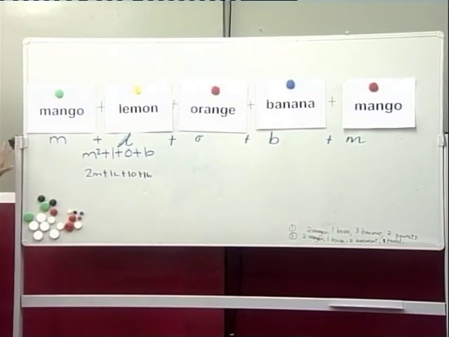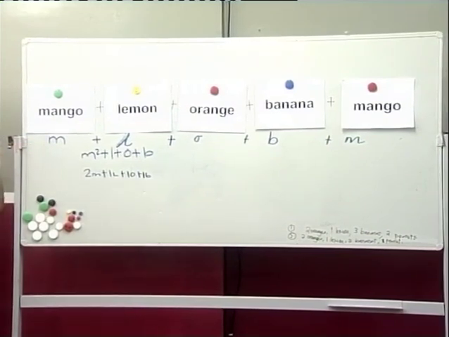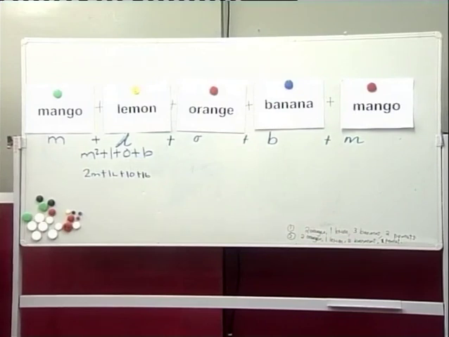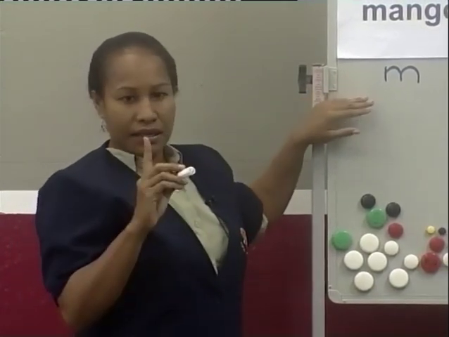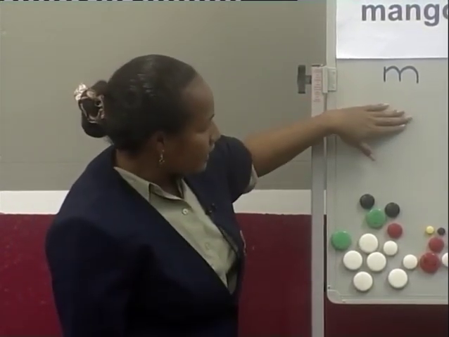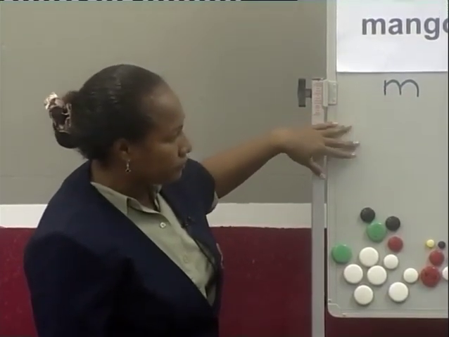Right. Now, I have it written, and this is now an expression. M plus L plus O plus B plus M. And you went ahead simplifying this expression. So because Mata, the first person, thinks that, how many M's are there? 2 M's.